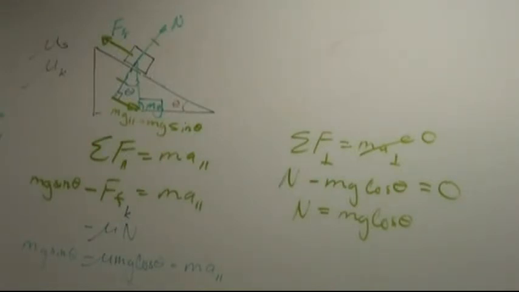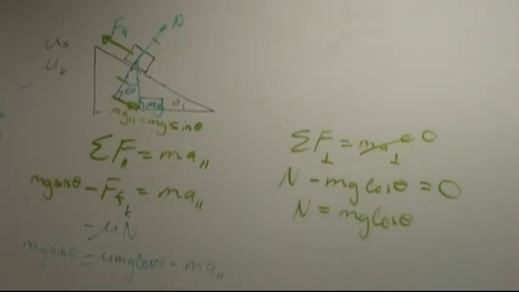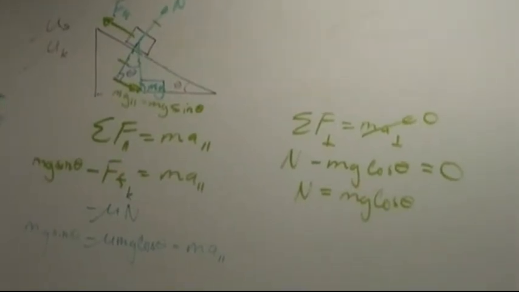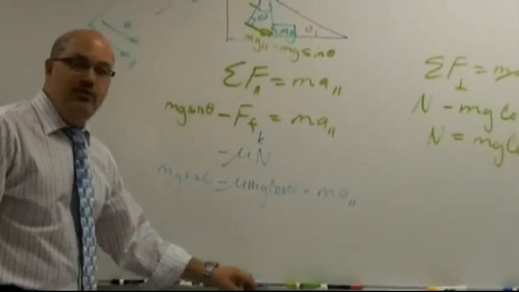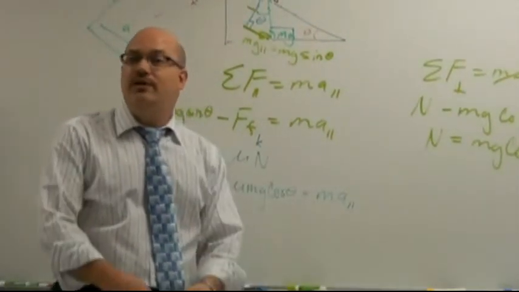What if the question is something like, the box is just sitting there and not accelerating, and they ask how big is the static friction? What's the force of friction for it to be static?